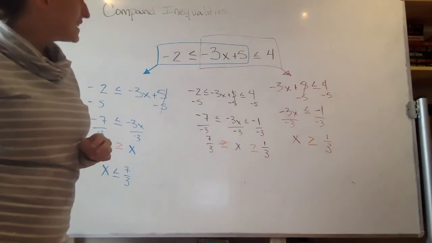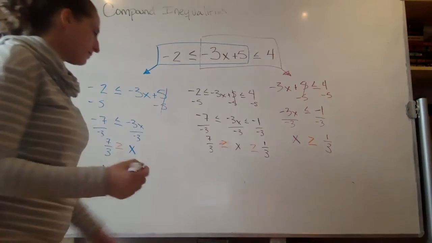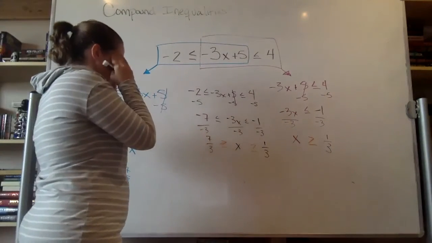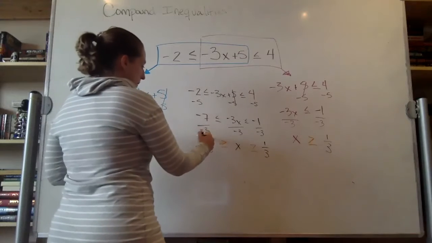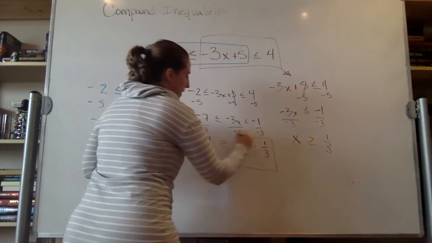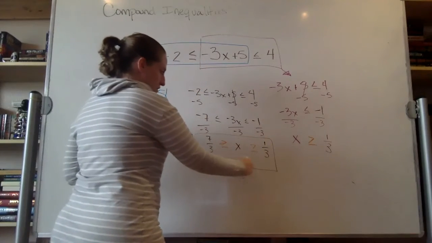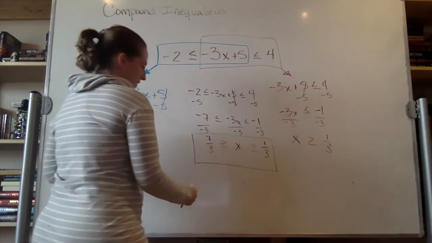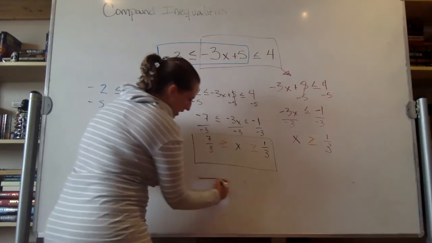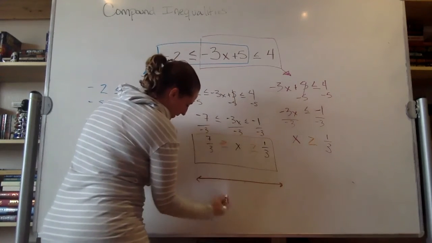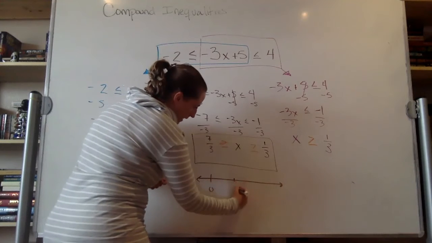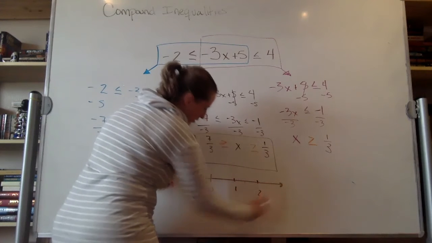Okay? Now let's think about what this means for our answer. There's two ways to think about our answer. First, I'm going to look at what we have here. This says x is sandwiched between 1/3 and 7/3. Well, I'm going to draw a number line and put in some thirds. So here's 0, here's 1, here's 2.